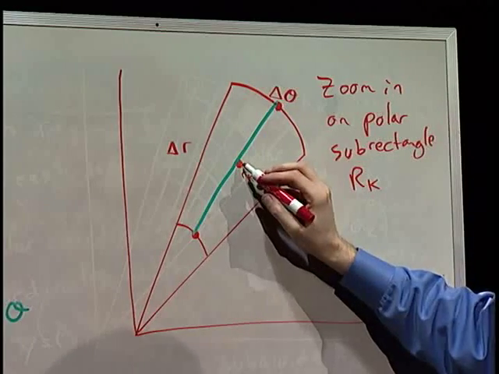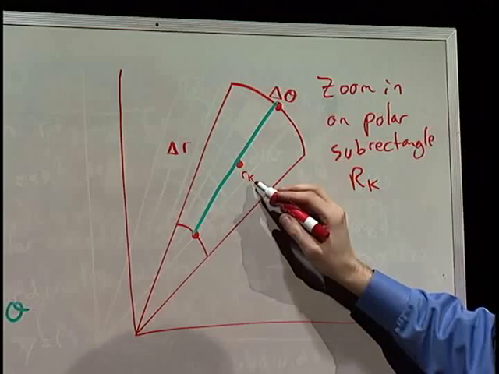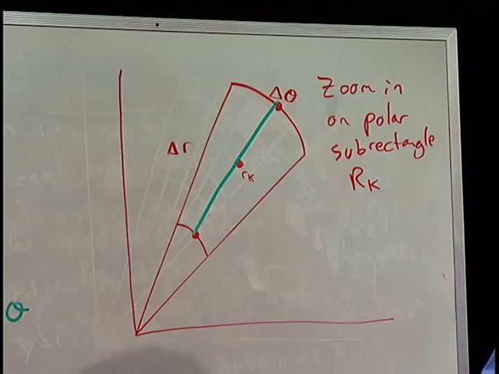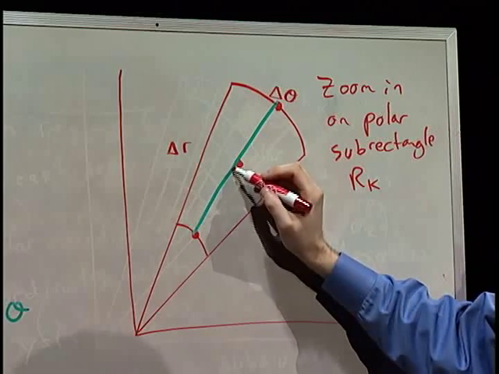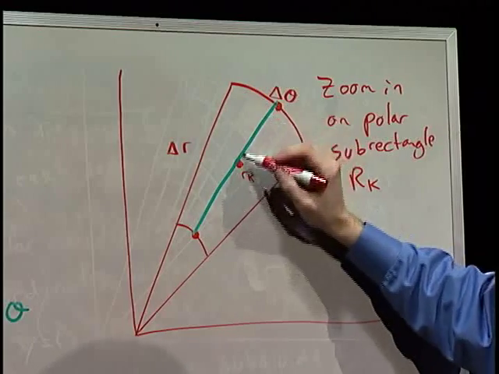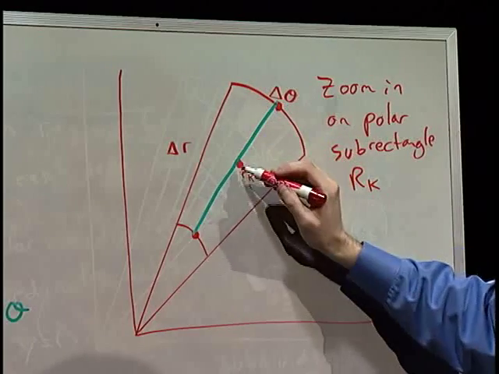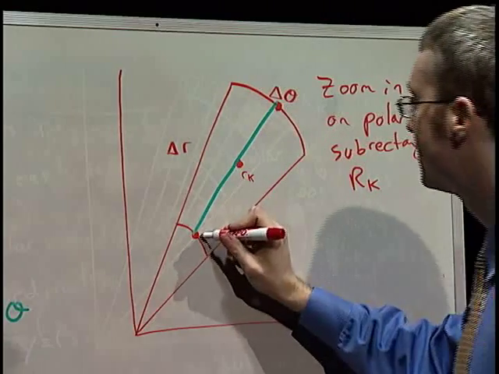So there's the radius r sub k right there, right? This is the radius to the center of the polar subrectangle. Well, if this is the center, then this is half of delta r down here, and so is this. So delta r is chopped in half, and half of it's down here, and half of it's up here. So what is this point?